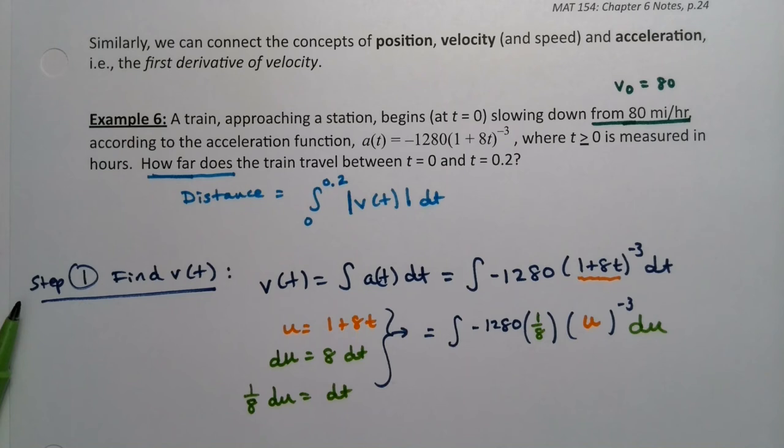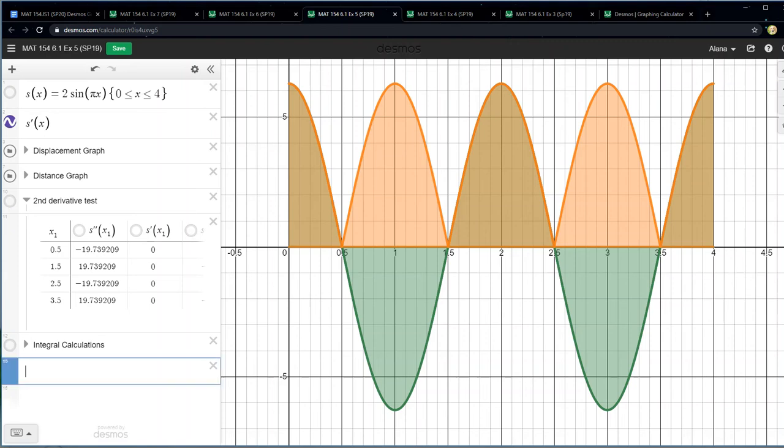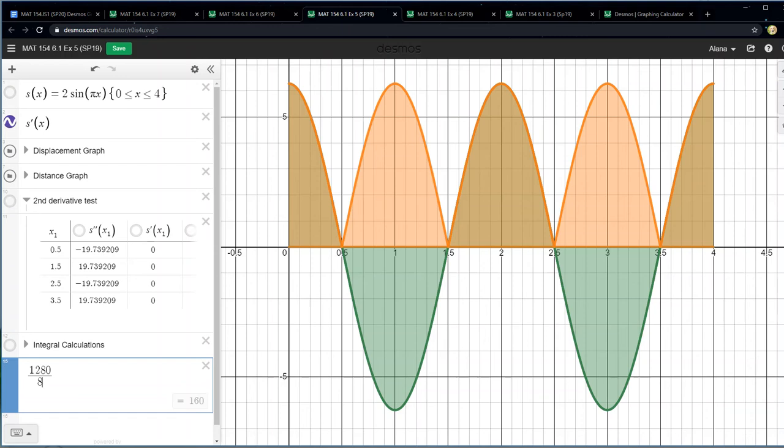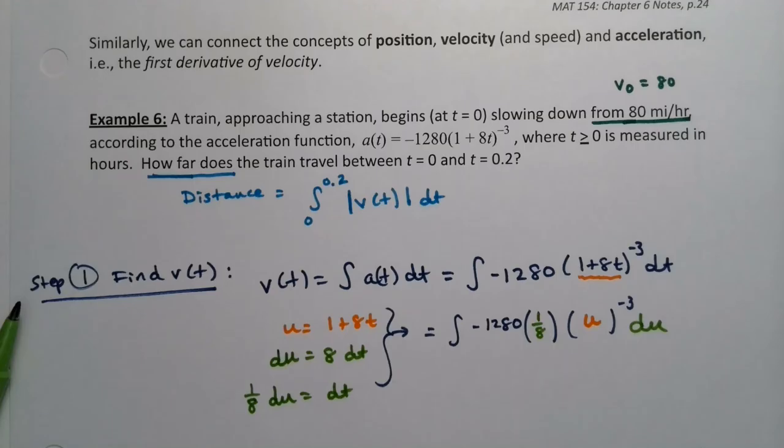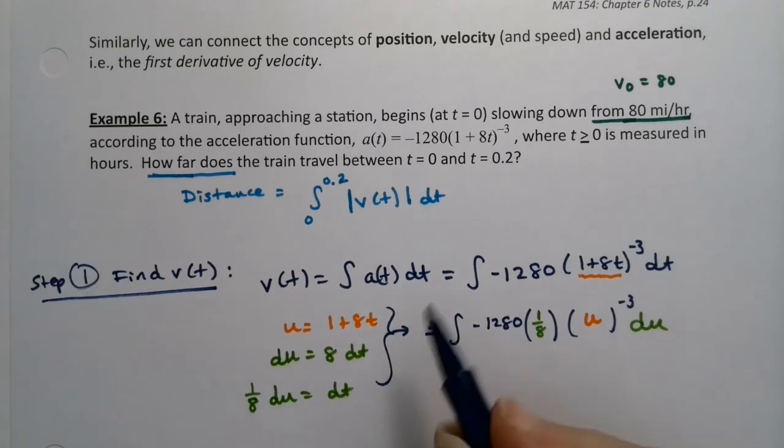Okay, I have no idea if 1,280 is divisible by 8. Let's go down here and find out. Yeah, it's 160. Lovely. I figured it would work out nice, but it's nice to have my instincts backed up by the computer.